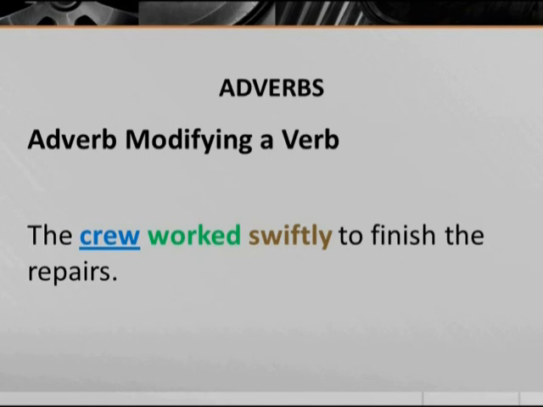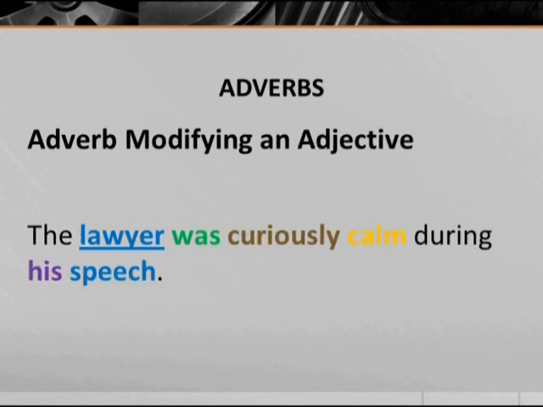Here's an example of an adverb modifying a verb. The crew worked swiftly to finish the repairs. Worked is the verb, swiftly is the adverb that modifies it. Here's an example of an adverb modifying an adjective. The lawyer was curiously calm during his speech. Curiously modifies the adjective calm.